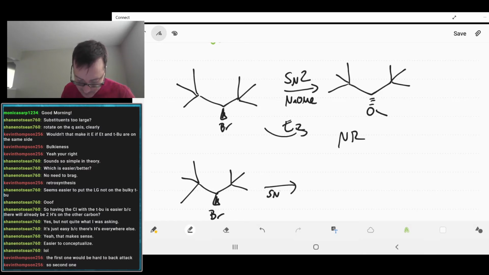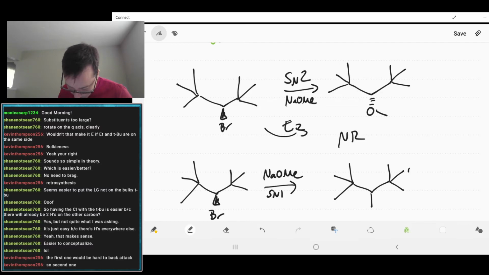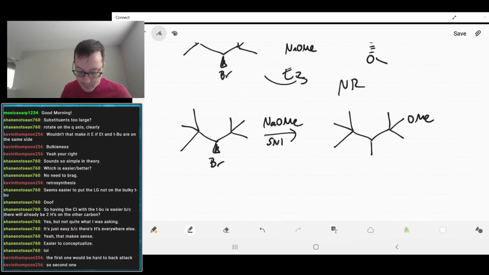If we do SN1, you end up getting your carbocation. Remember, we saw how it migrated the methyl group over? Or we saw E1 conditions.